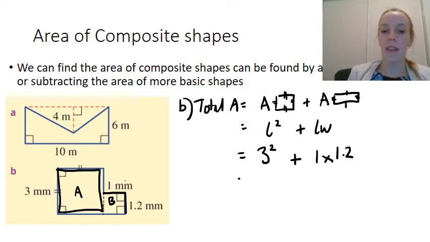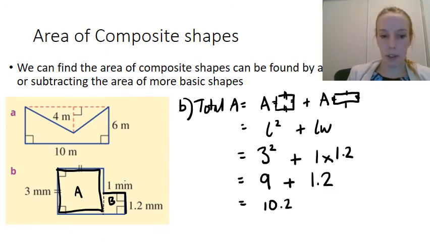Then using order of operations, I'm going to solve that. 3 squared is 3 times 3, which is 9, plus 1 times 1.2, which is just 1.2. Add those together, so that's 10.2 millimeters squared would be my total area for that composite shape.